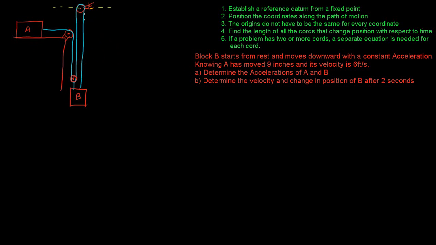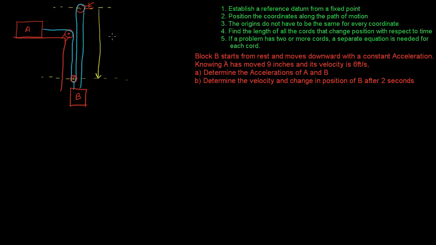So we start by figuring out our reference datum from a fixed point. This is a pretty good point. It's fixed. We're going to be interested in B, so what the distance of B is.